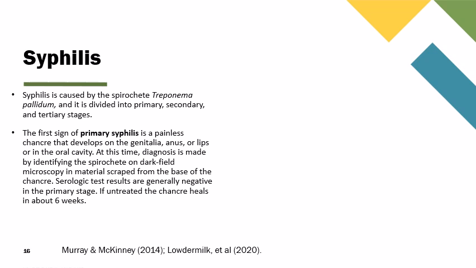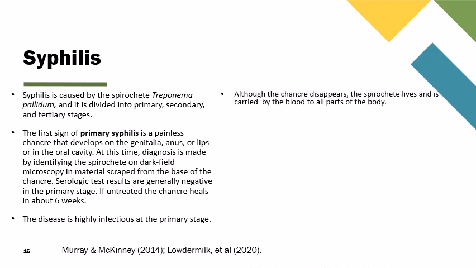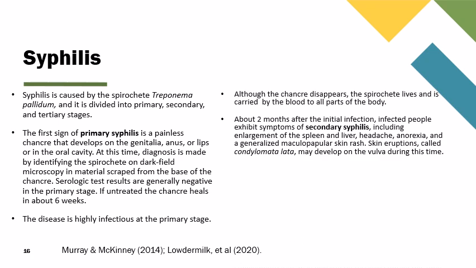But if untreated, the canker heals within 6 weeks, and the disease is very contagious and infectious at the primary stage. Although the chancre probably disappears, the spirochete lives and is carried by the blood to all parts of the body.